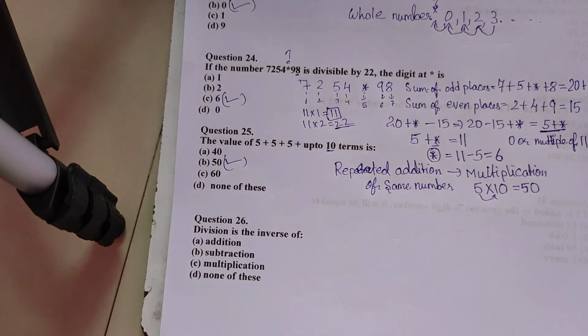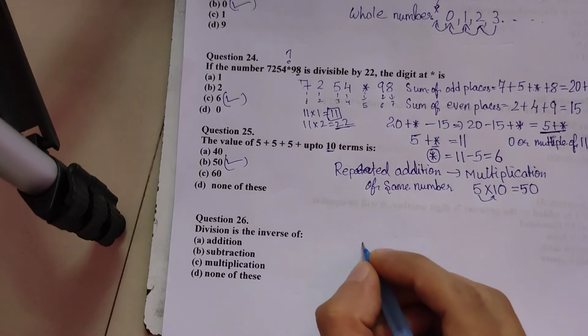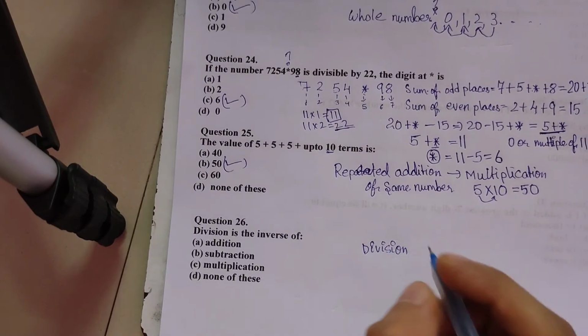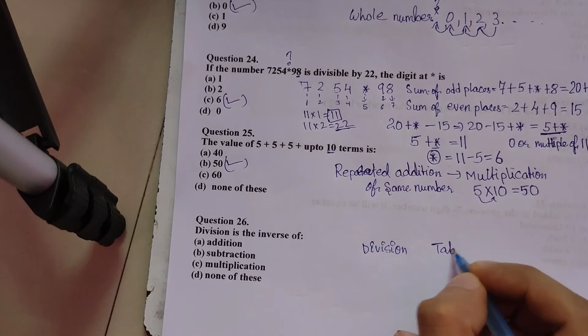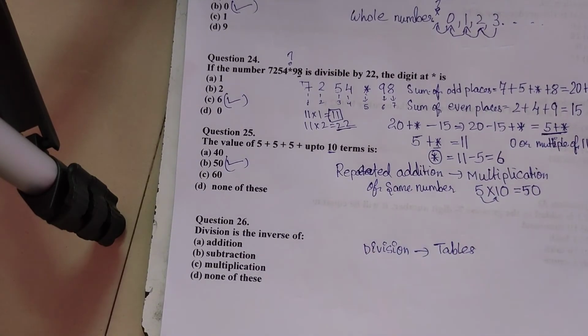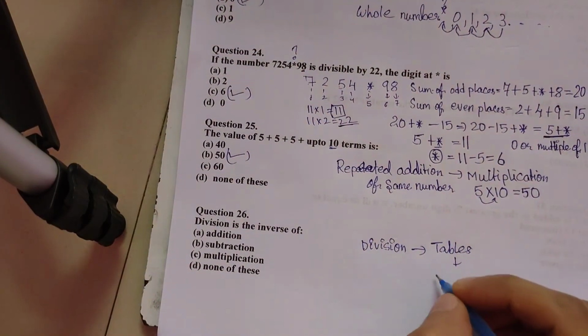Next, question number 26. Division is the inverse of. Okay, in division, what do we use? We use tables, right? And a table is a form of multiplication.